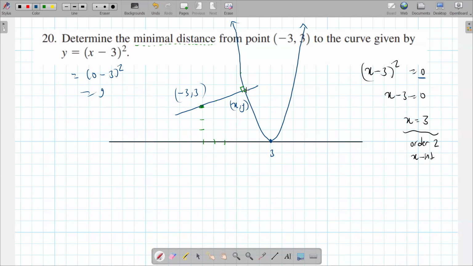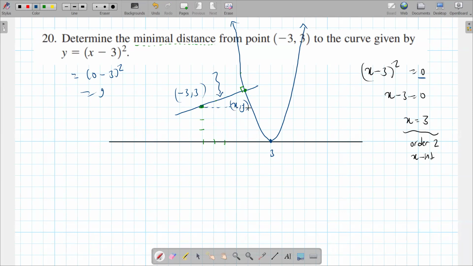From this point to this point, what's the rise? What's the slope of this line? Look at this. I know it's a little bit difficult because we're not talking pure numbers here.